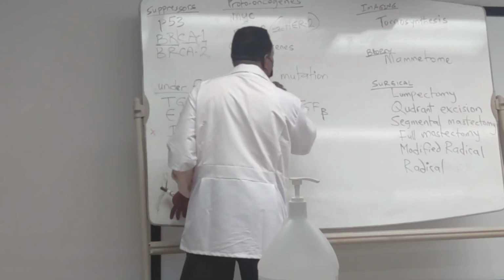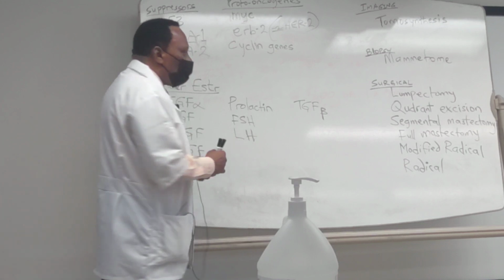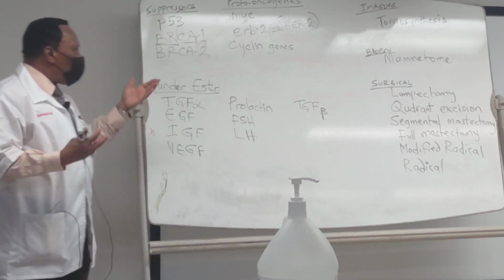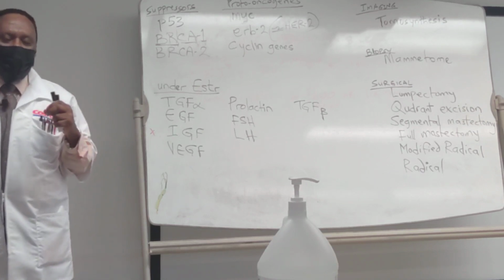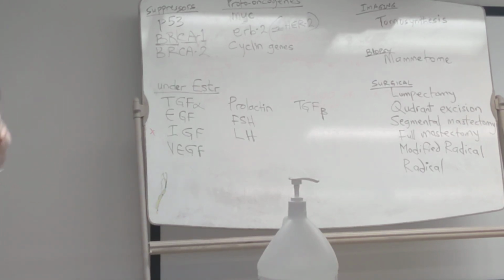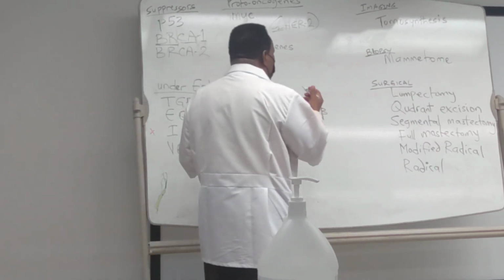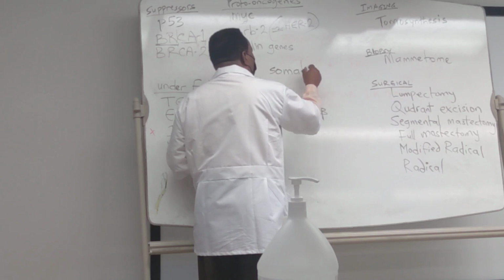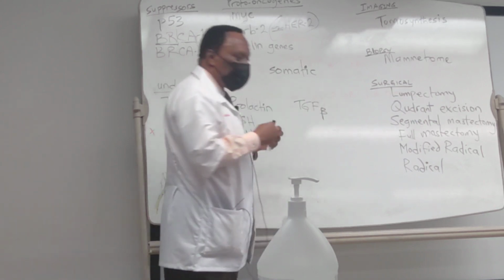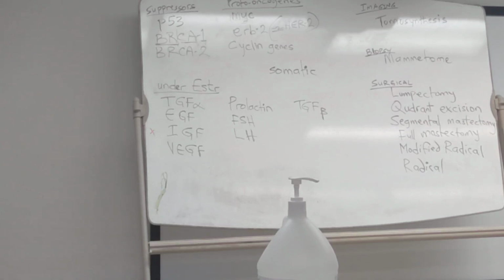Now, that mutation can occur. Let's take, say, BRCA1 or P53. A mutation of that gene can occur when you have a somatic transformation of the cell, that is, of the breast cancer cell.